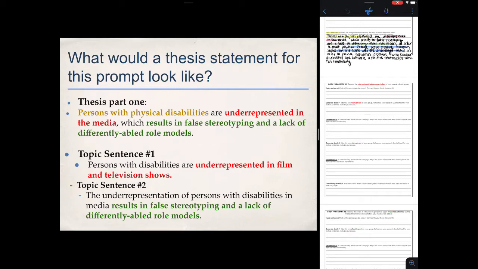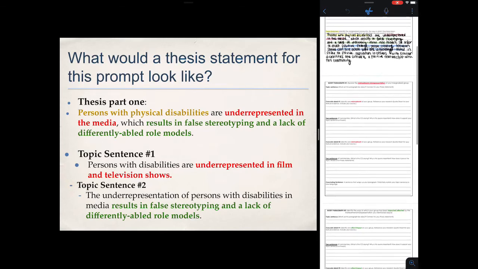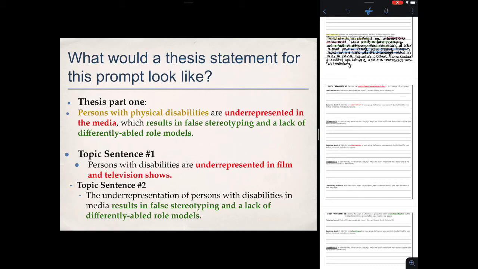So persons with physical disabilities are underrepresented in film and television shows. That would be body paragraph 1. And then body paragraph 2, the underrepresentation of persons with physical disabilities in the media results in false stereotyping and a lack of differently abled role models.